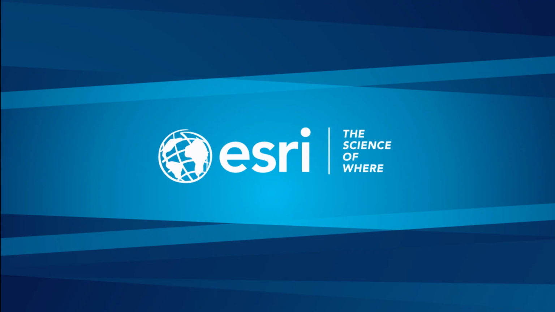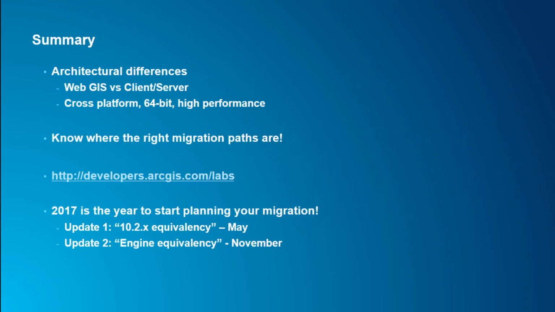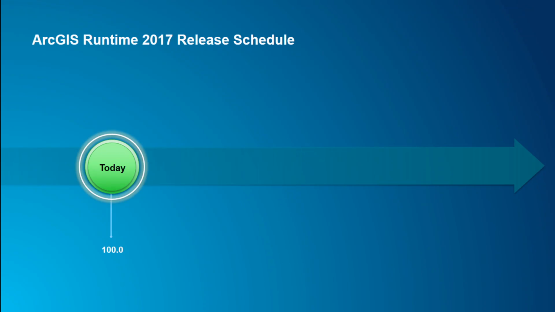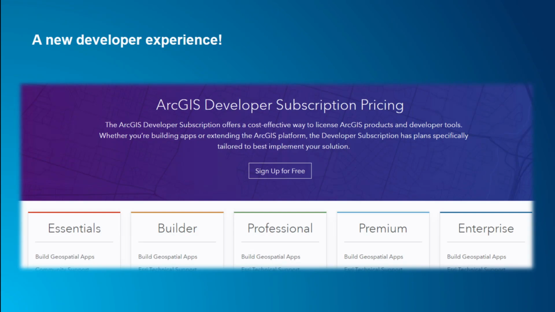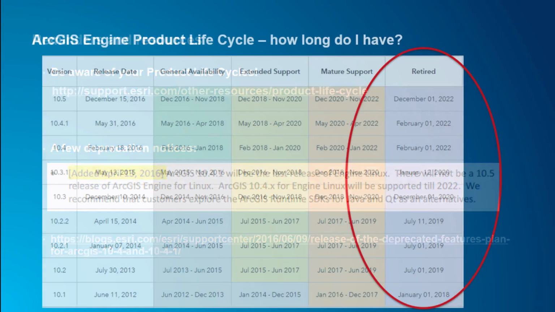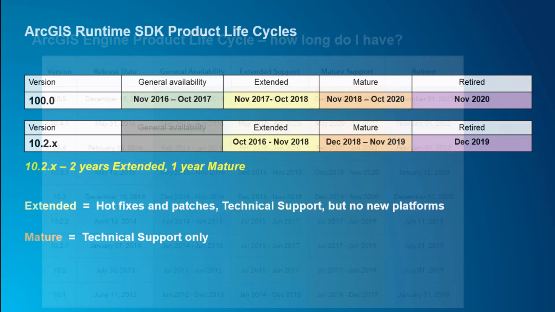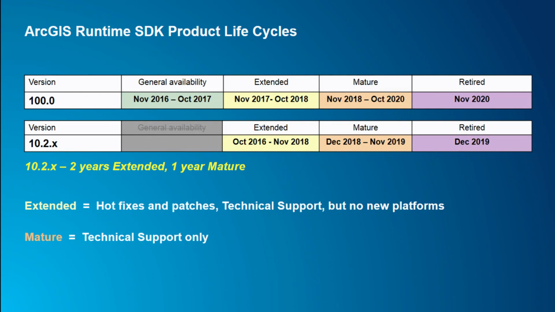The question is in our slide that we had for timeline of supportability for the life cycle, we had Runtime 100 ending its support life at 2020. That's 100.0. So 100.1 will start a brand new life cycle, its own new life cycle.